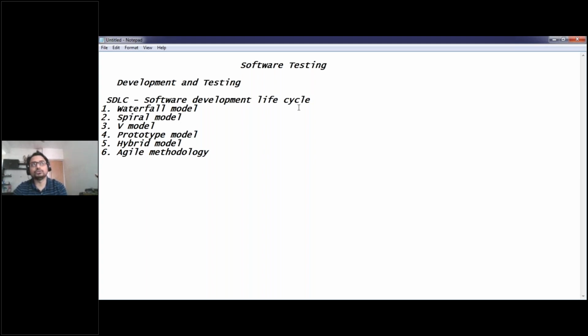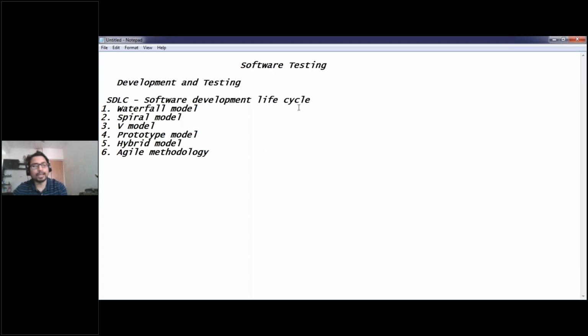The developer's testing is called white box testing, and the testing done by the tester is called black box testing. We will cover those two topics after completing the SDLC, and then the different types of white box testing and black box testing.